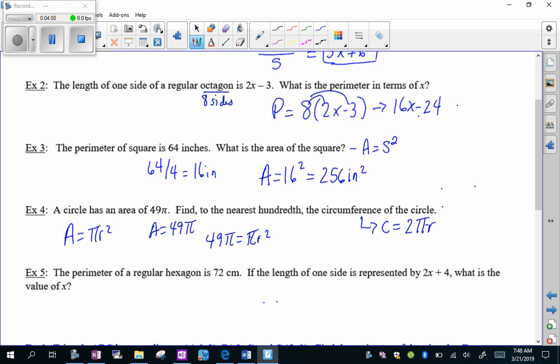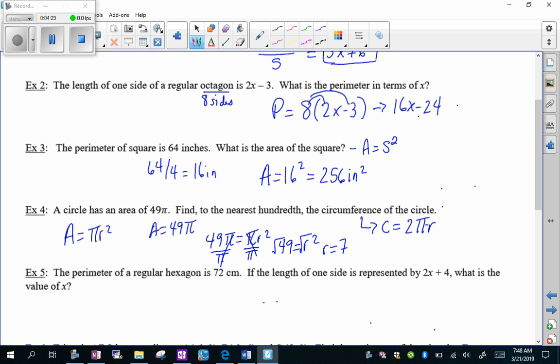So I can divide both sides by pi. All right, they cancel. And then I get 49 equals r squared. Well, I want to know r, or the radius, so I'm going to square root both sides. So r equals 7.